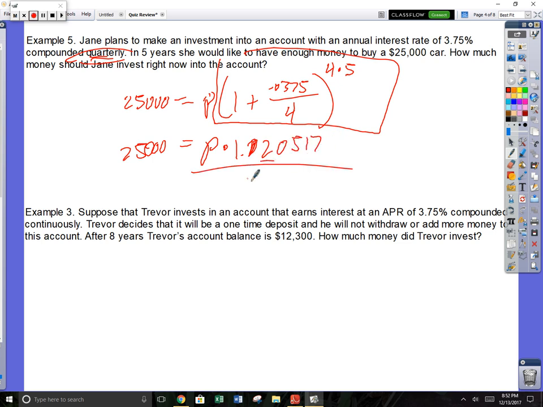So divide by that number, and 25 grand divided by that number will give you the principal. The principal is, she should invest originally 20 grand, 743 and 84 cents, and then over that 5 years she'll earn the 1,300 bucks she needs to buy the car.